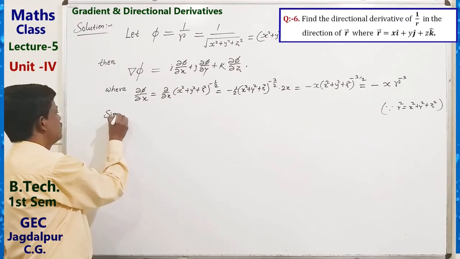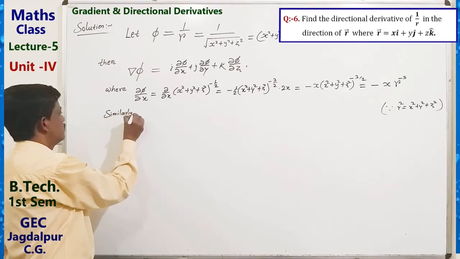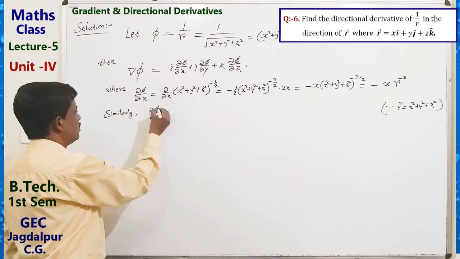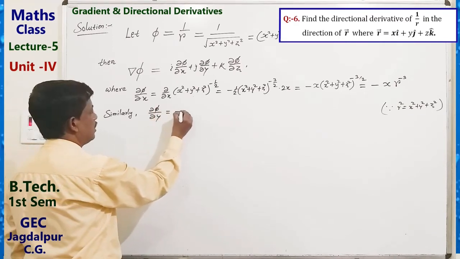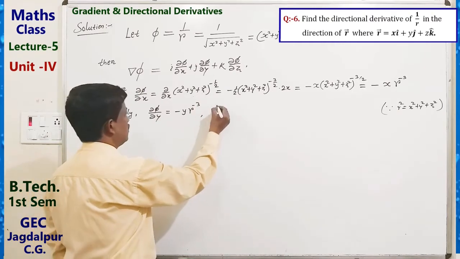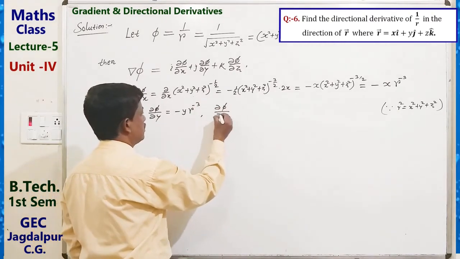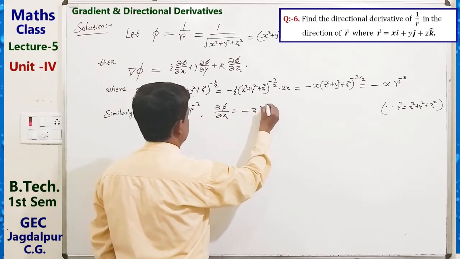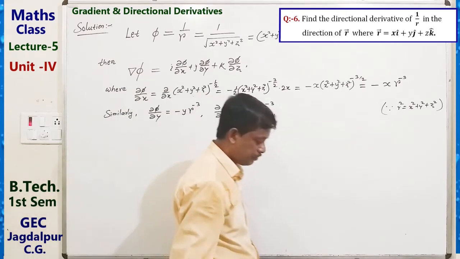Similarly, del phi by del y is minus y r to the power minus 3, del phi by del z is minus z r to the power minus 3.